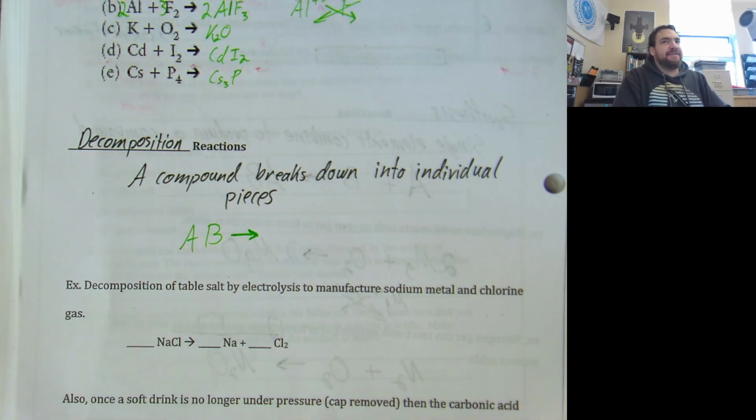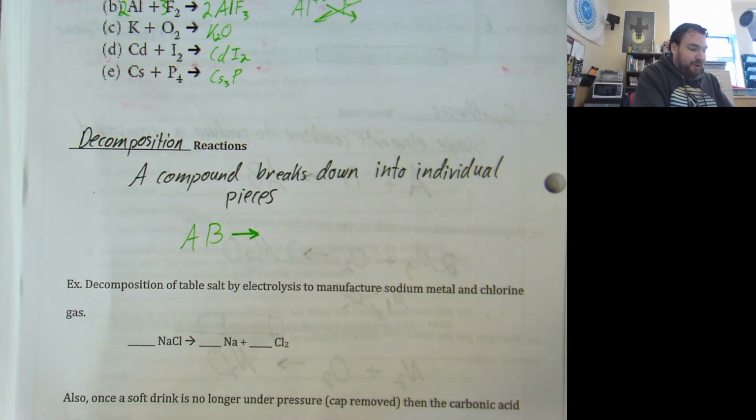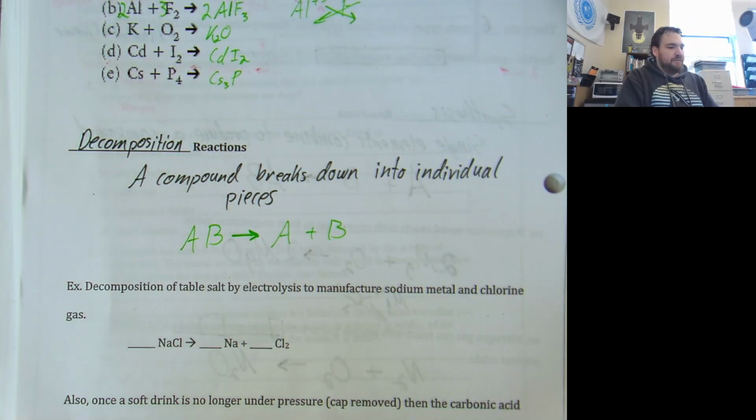You might have to add heat. In the case of decomposition in your garden or in your compost pail, some form of bacteria is present doing the work. But generally, as a chemical formula, you're going to start with a compound AB, and it's going to get broken up into its individual pieces. A plus B.